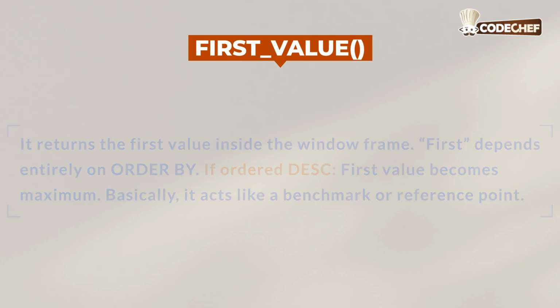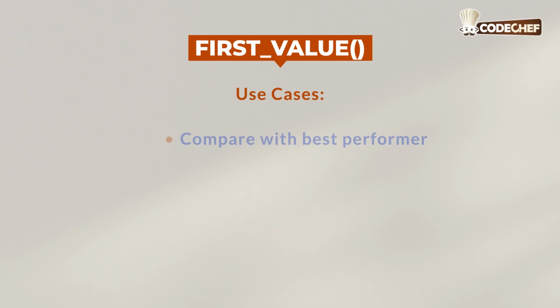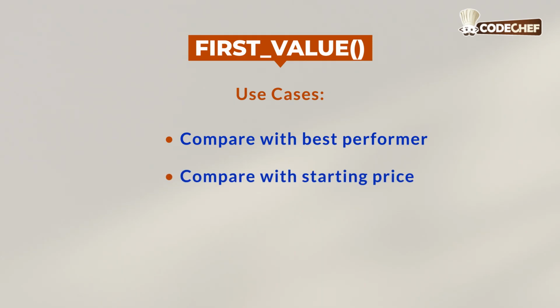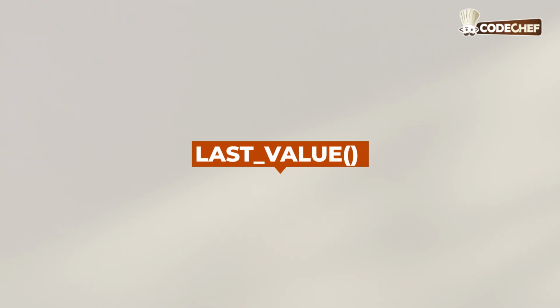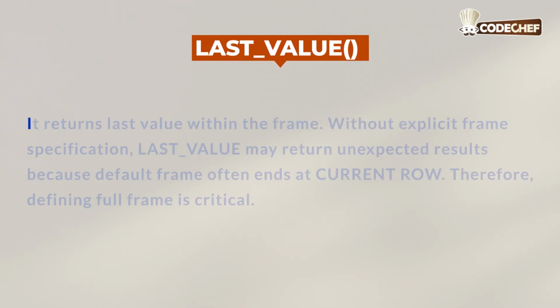What are the use cases of the first value function? It is used to compare with the best performer, compare with starting price, or baseline analysis. Last value function. This is exactly opposite to the first value function. It returns the last value within the frame.